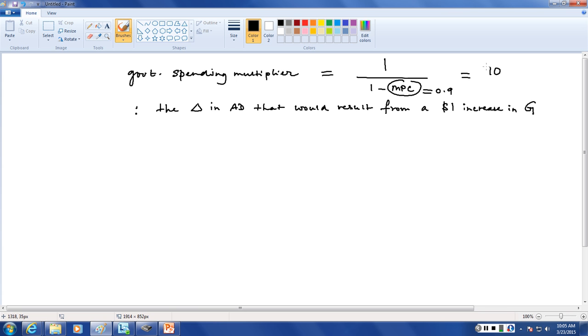Now, how does that work? There's a direct effect and then there is an indirect effect, correct? So when G goes up, you have this direct effect on AD, and that's because G is a part of AD. This is the direct effect. But then you have an indirect effect that works through a change in consumption spending.